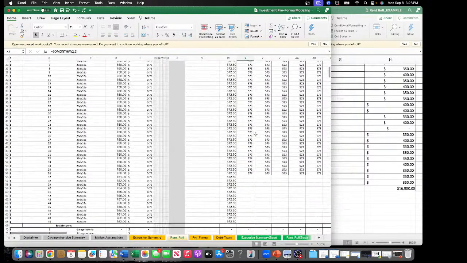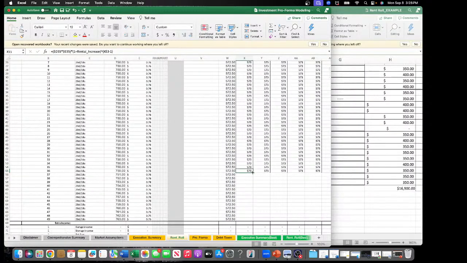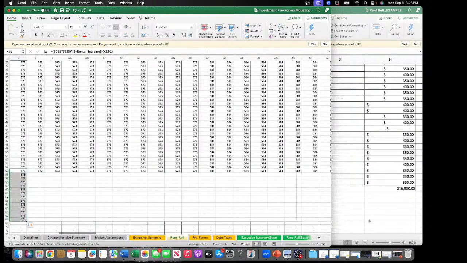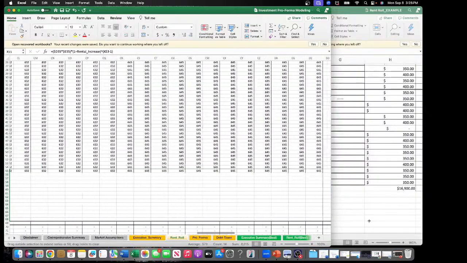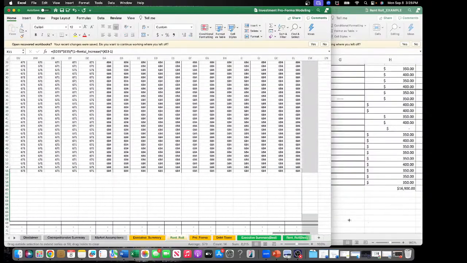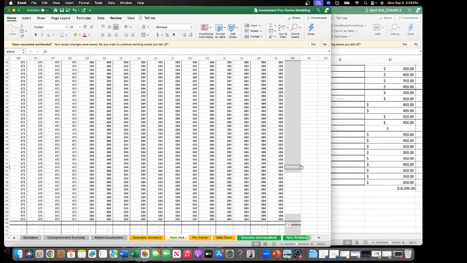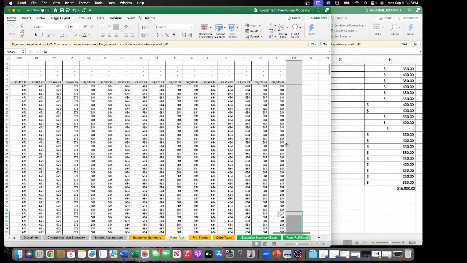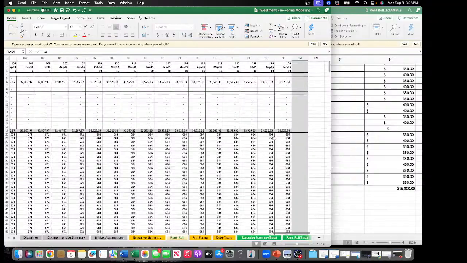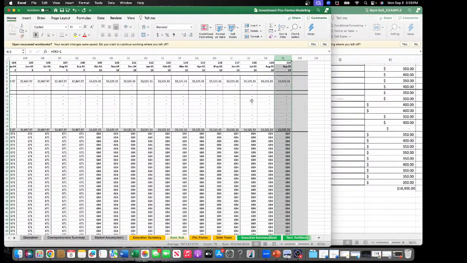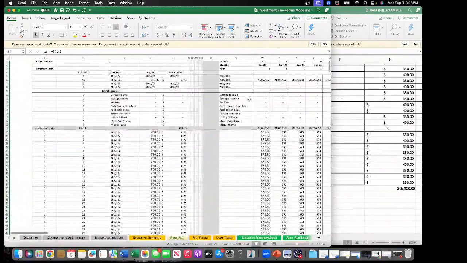My Excel sheet breaks down by the month and it does a 10-year analysis. So I'm going to break this down, drag that over, and drag this all the way out for 10 years. And so now we have a 10-year analysis. If rents go up by 2% per year, in 10 years we'll be at $684 per rent. You can see here, September 2035. So that's our rent model.